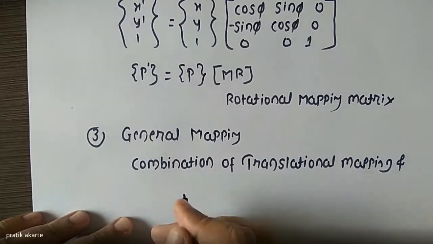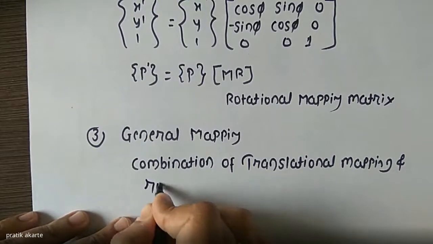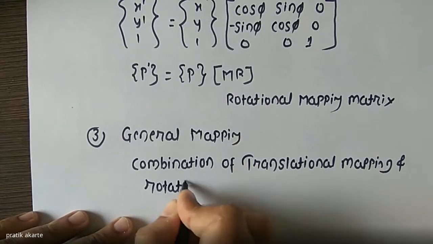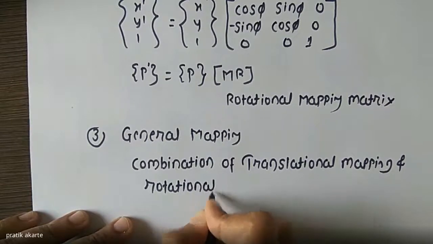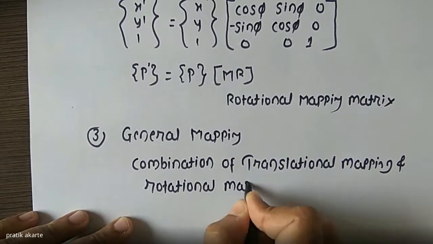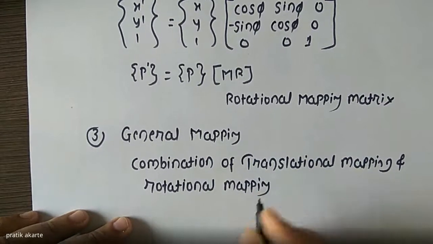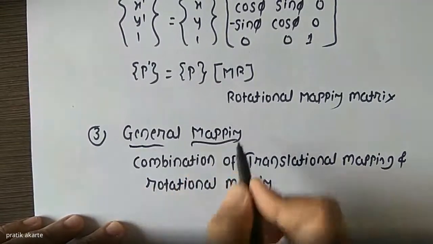That is what we call as general mapping.